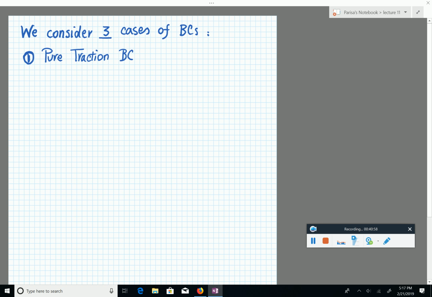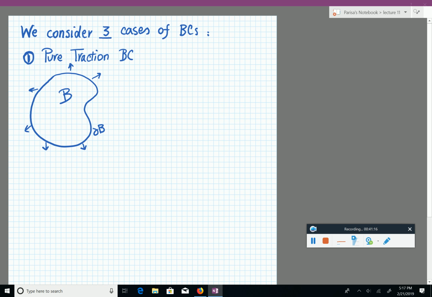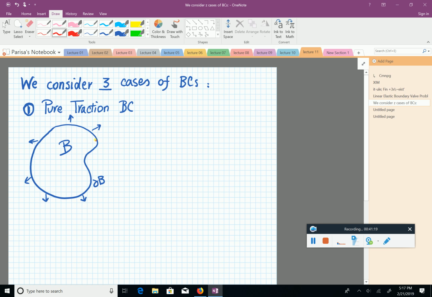What does it mean? It means that you have this body, and the boundary is obvious, right? What the boundary is, we always use this for boundary, and you have some traction applied to this boundary. And with traction, if you remember, because traction is force per unit area, so it's applied on the boundary, you always have to use a unit normal vector to actually orient your boundary. So that's what n is.